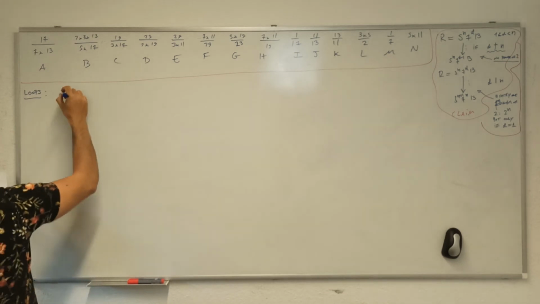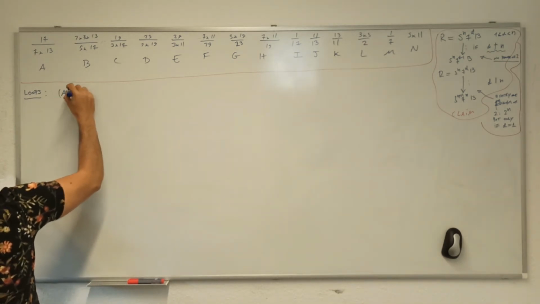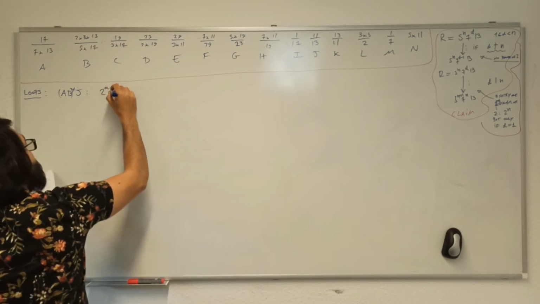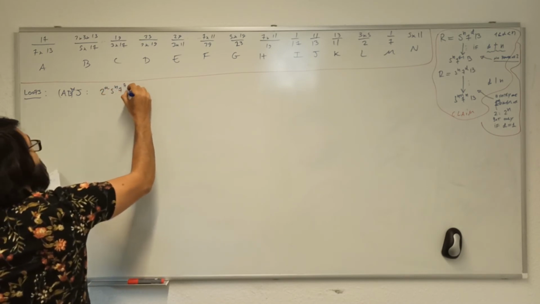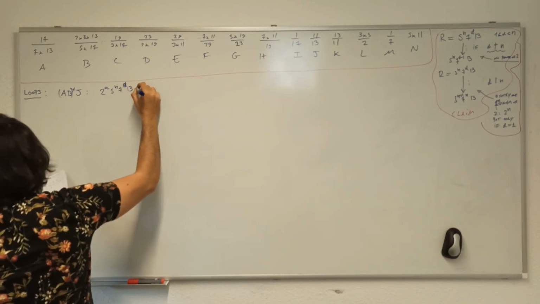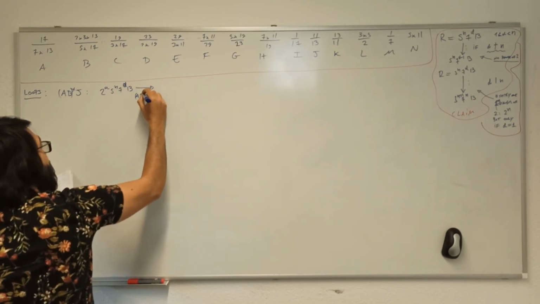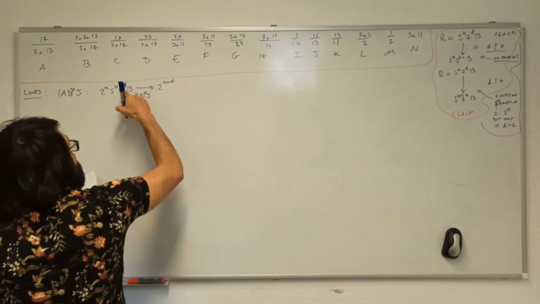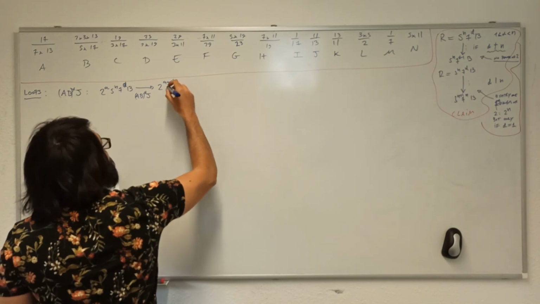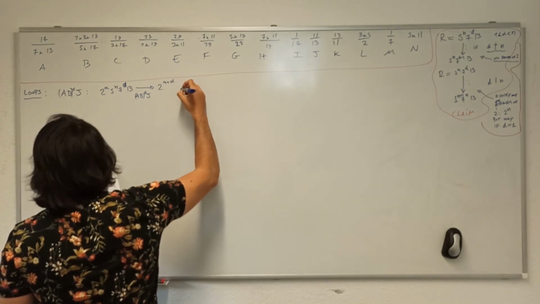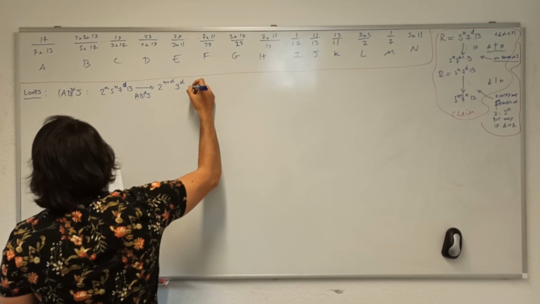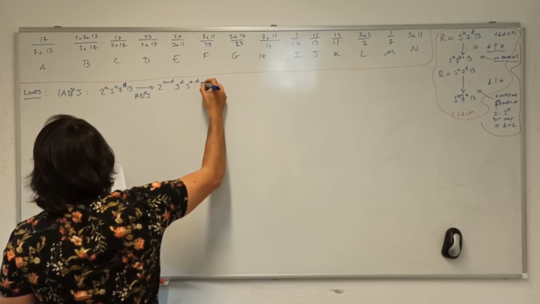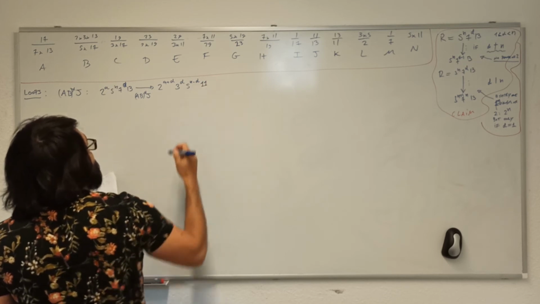Okay, so the first loop is this one, which if I start with 2 to the a, 5 to the n, 7 to the d, 13, and then I apply this, we get to, I will just add the d, which was in the 7, to the 2's, and I will copy also what was in the d to the 3's, and I will subtract the d of the n, and I replace the 13 by an 11.